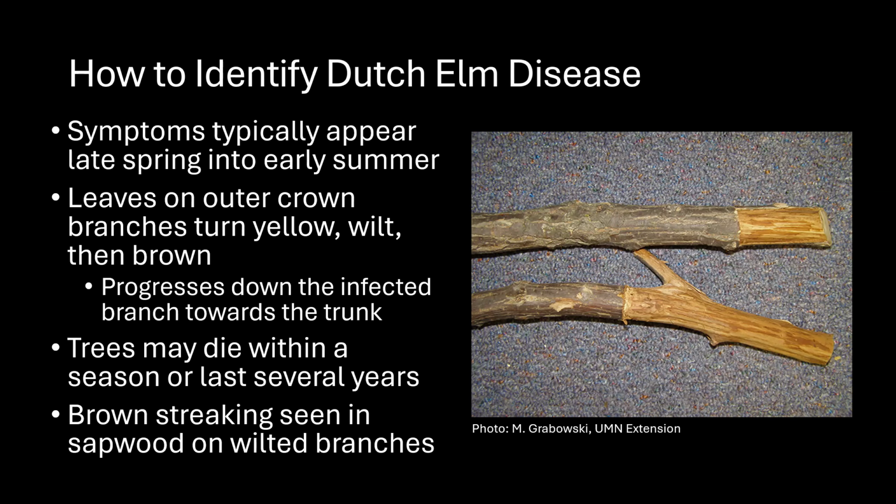Typically in the crown, you're going to start to see branches turn yellow, wilt, and then brown. And oftentimes that can progress down that whole branch, and that whole branch can die, and then it can impact the trunk and then, unfortunately, the rest of the tree.